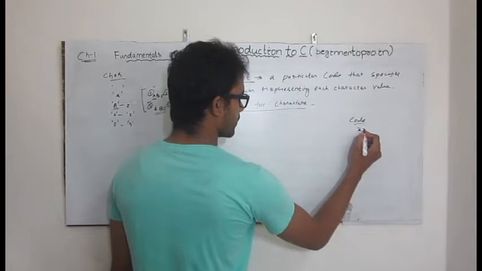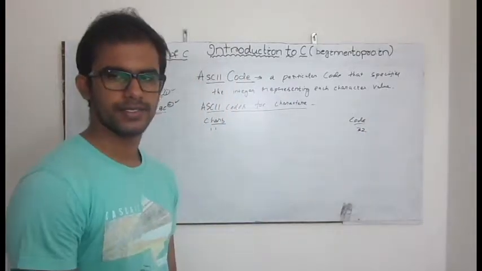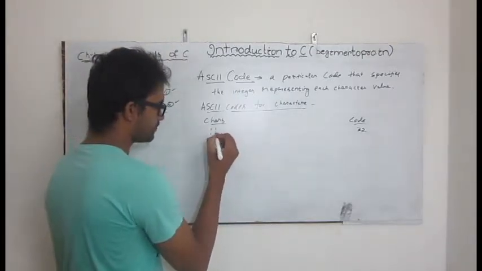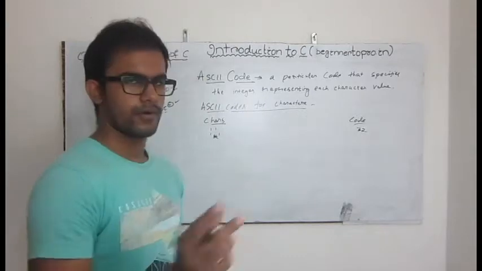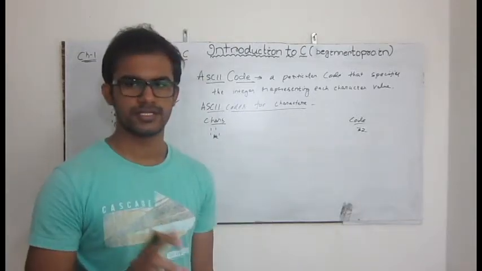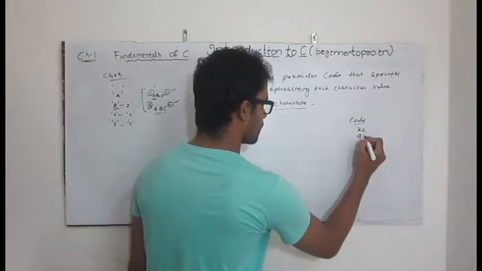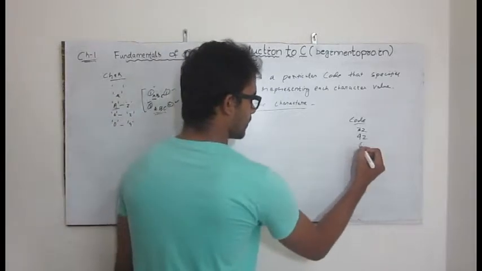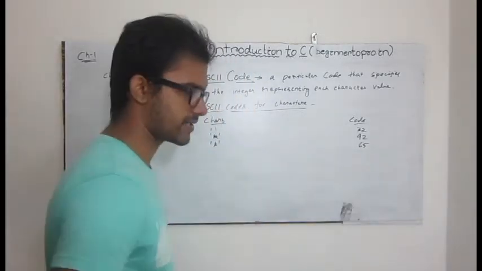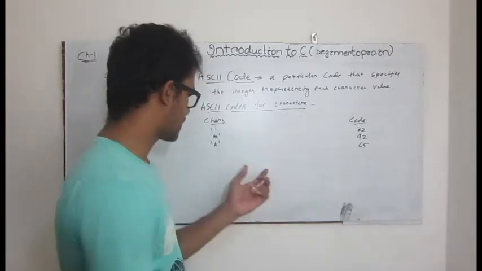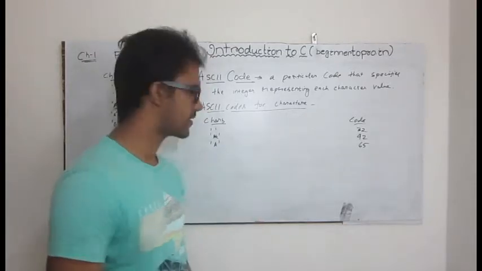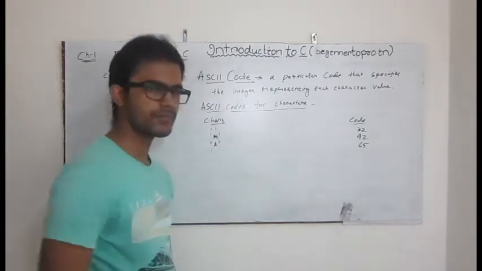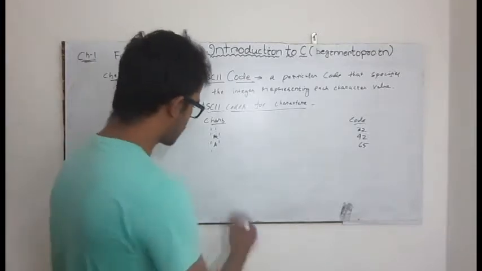The code will be 32. This you have to remember. There's no shortcut or any method to remember. For blank it is 32. For star it is 42. Then for capital A it is 65. You can know this by typecasting, or you can just pass this value to an integer. You will get the significant code of the character values. Then comes our capital B, 66.